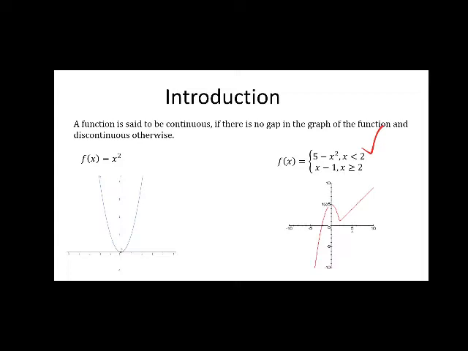The graph comes something like this till this point. And then after this point, the graph is a straight line, that is x minus 1. So doesn't matter what, both these functions are continuous.